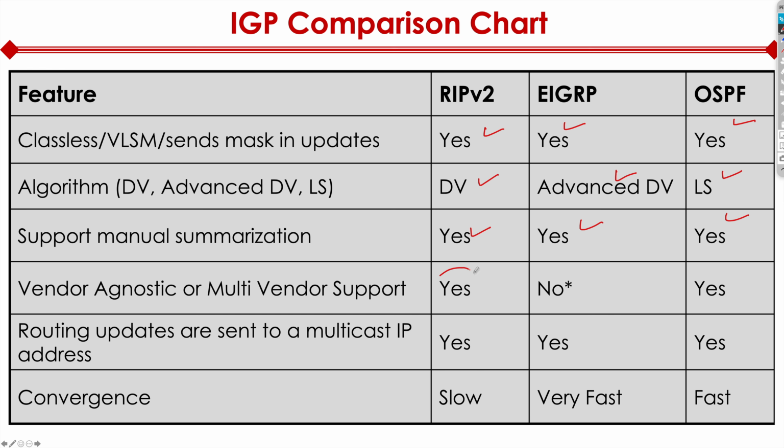RIP version 2 is vendor agnostic, meaning it's multi-vendor supported. So is OSPF. EIGRP, on the other hand, used to be Cisco proprietary. The reason I have an asterisk here is because in 2013, EIGRP was made public, meaning other vendors can now also implement EIGRP in their code and in their network operating system and run it.